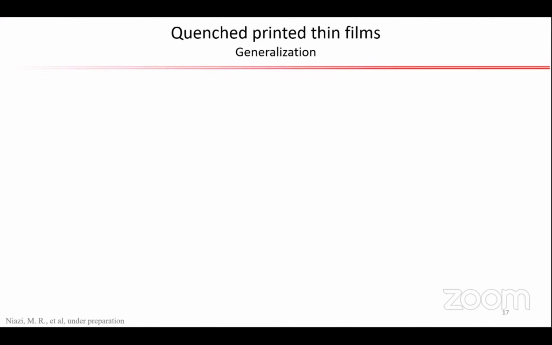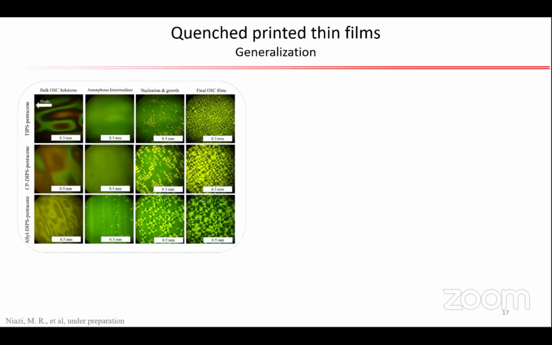Then we asked ourselves, is this phenomenon generalizable or not? We took 3-4 different small molecule organic semiconductors, and we did different experiments, and we found that yes, the phenomenon is absolutely generalizable.